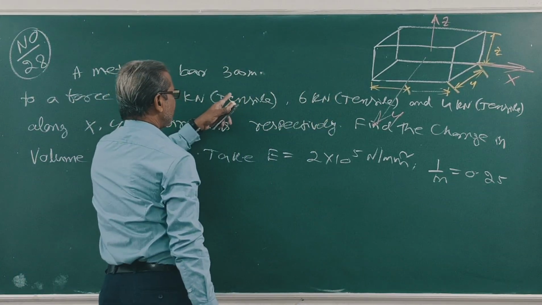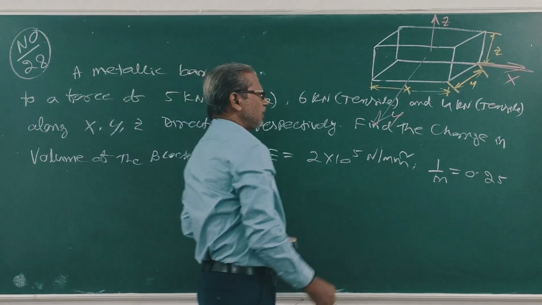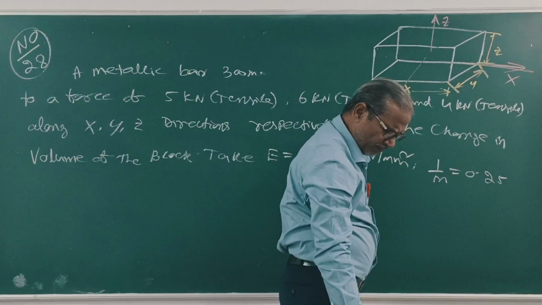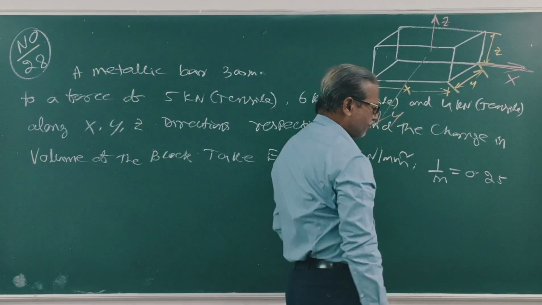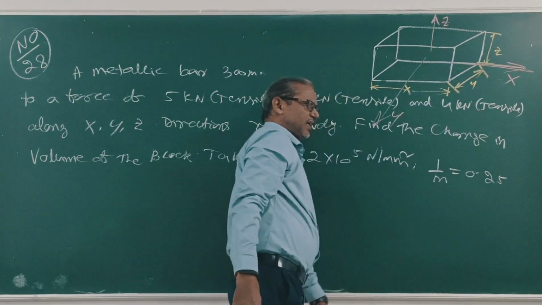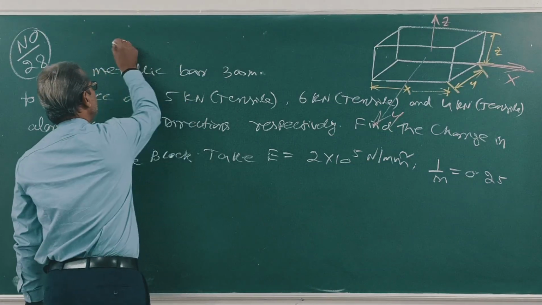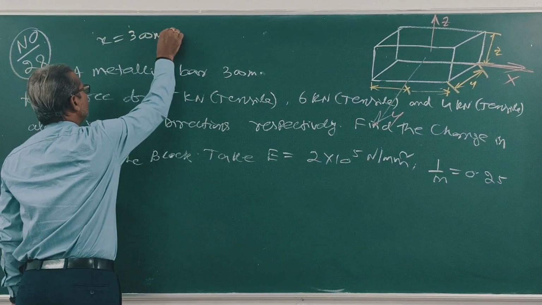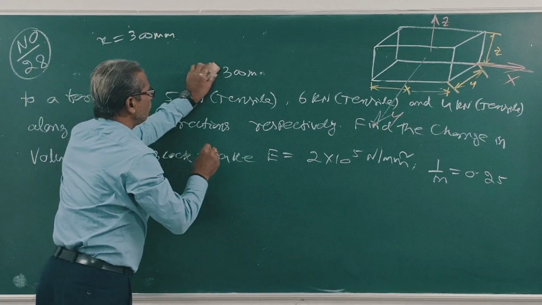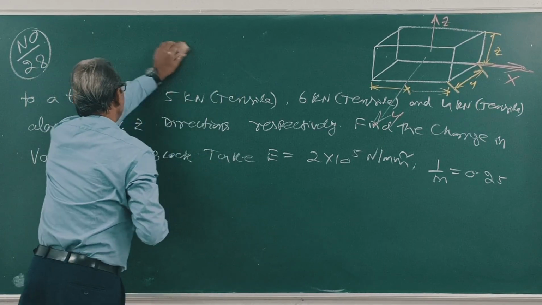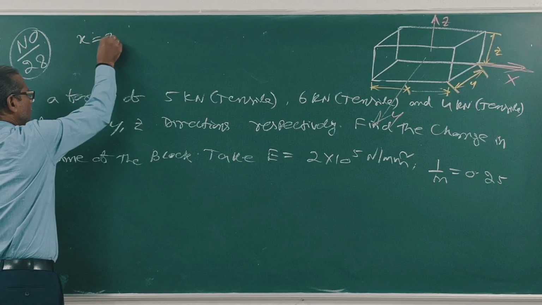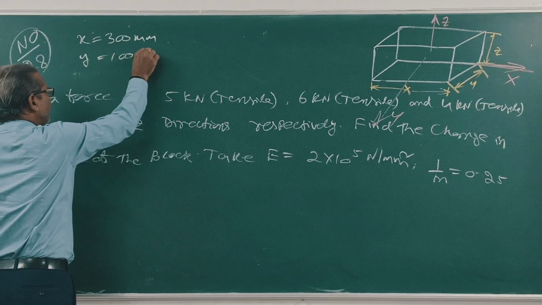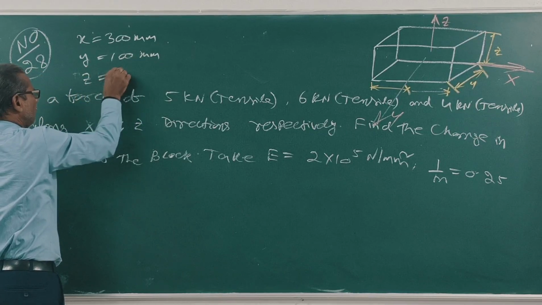Metal bar 300 mm long, x 300, 100 mm, y 100. Clear? And 40 mm, z 40 mm. X is equal to 300 mm, y is equal to 100 mm, z is equal to 40 mm.